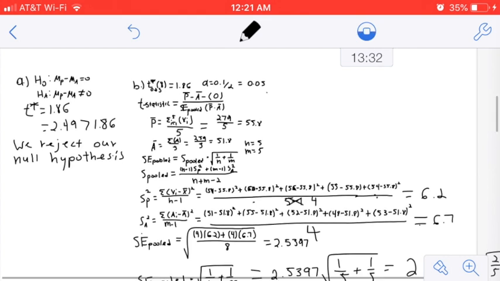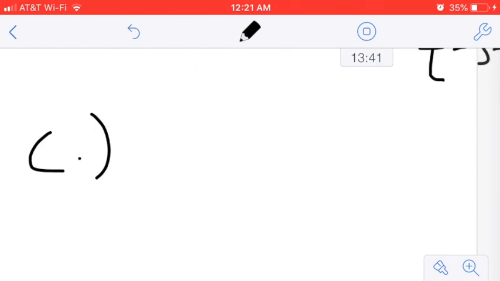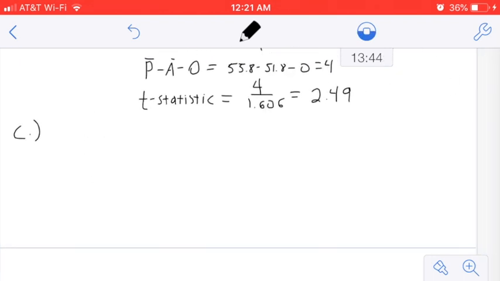So now we do part C. Part C is just calculating the 95% confidence interval, or 90% confidence interval.